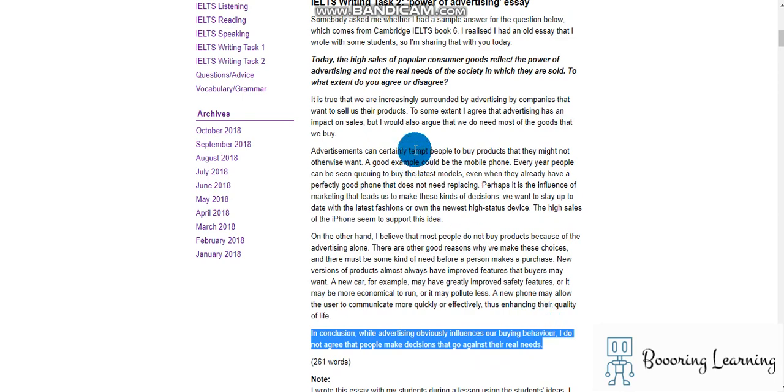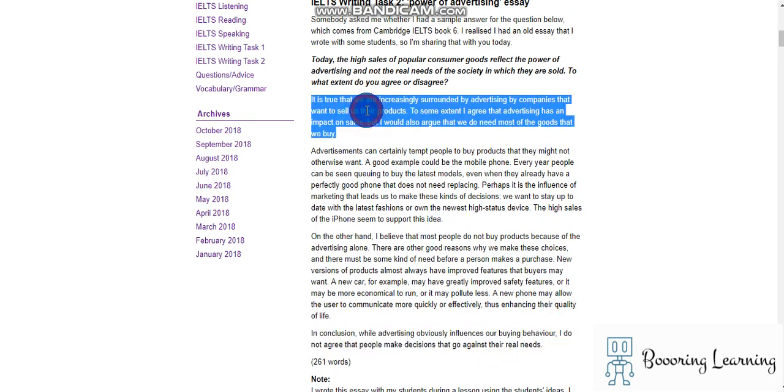And he generally says that the introduction part must include 2 sentences. It is true that we are increasingly surrounded by advertising by companies that want to sell us their products. To some extent, I agree that advertising has an impact on sales, but I would also argue that we do need most of the goods that we buy.